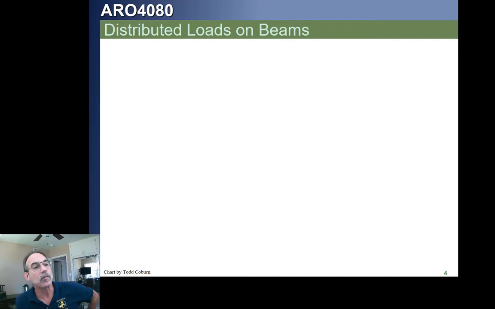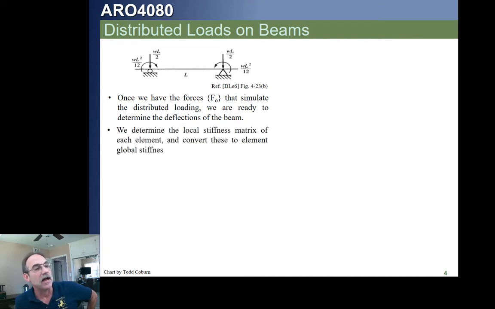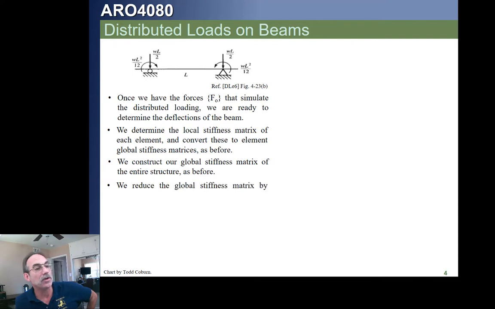Okay. With that said, I think we're ready to summarize our little method here. Here's our little beam. We have the forces. Once we have these forces that simulate the loading, we then can determine our deflections in the beam. We're going to calculate our local stiffness matrix as we did before. We're going to construct our global stiffness matrix as we did before. We're going to reduce our global stiffness matrix by imposing our boundary conditions as we have been doing.